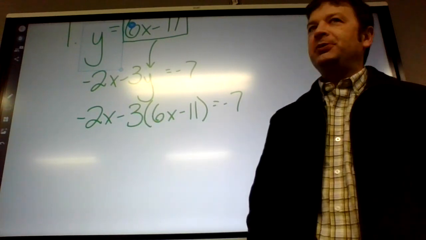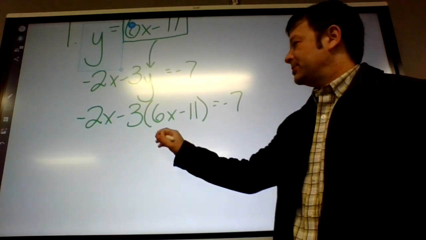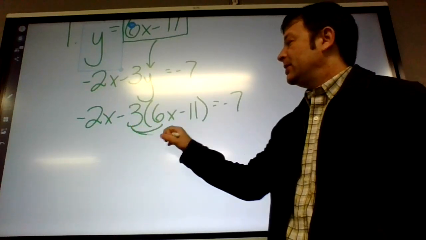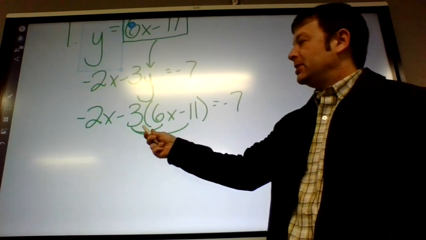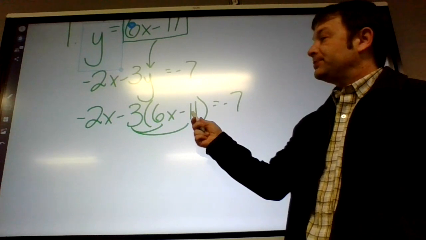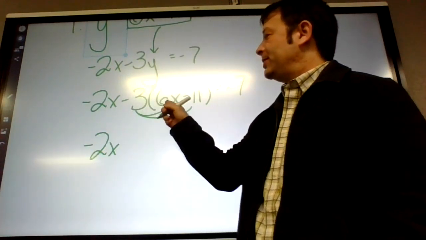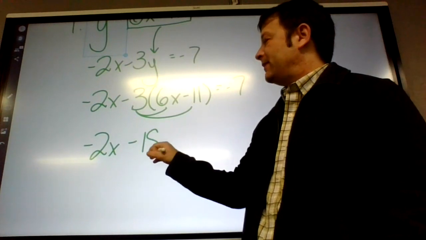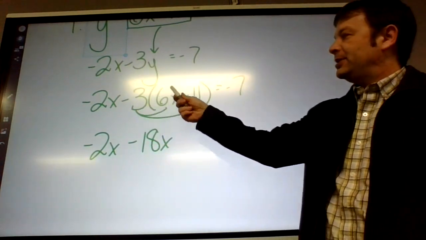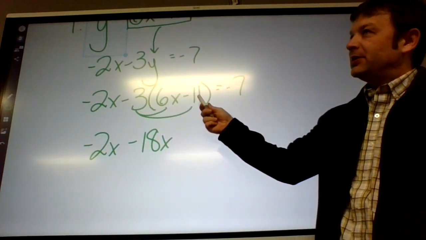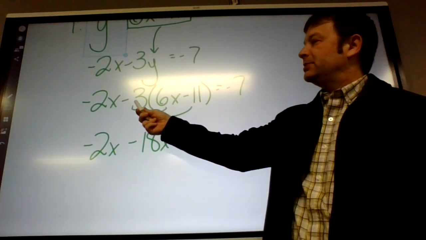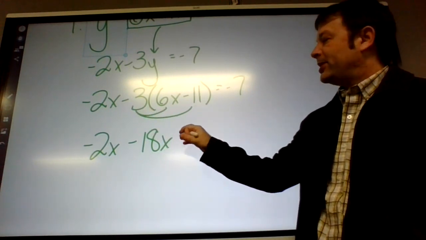What do you guys think we should do? Distribute. Yeah, the negative 3 gets multiplied on both of those. So it becomes negative 2x, negative 3 times 6x is negative 18x, negative 3 times negative 11. A lot of you guys get the second part wrong because you don't bring the negative. It's positive 33.